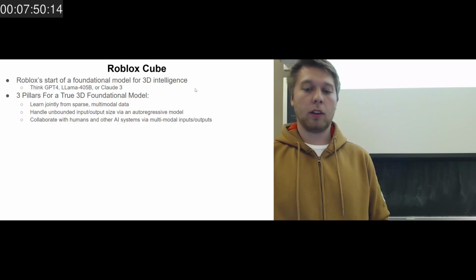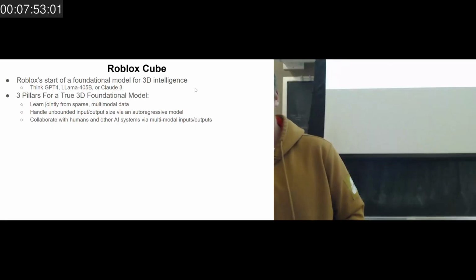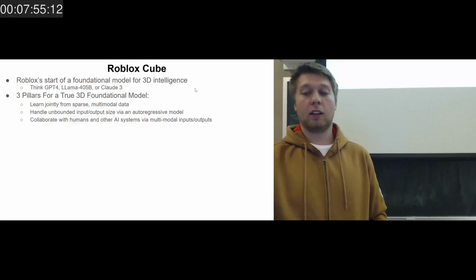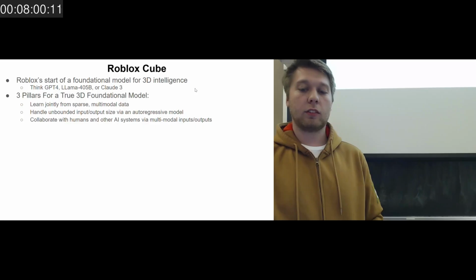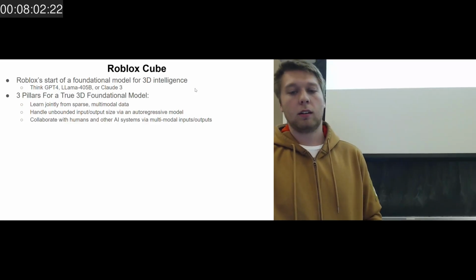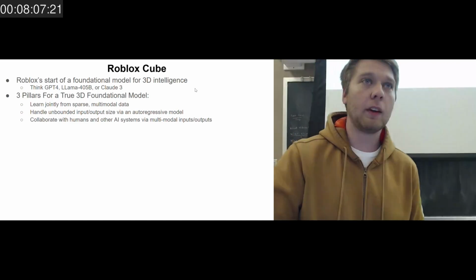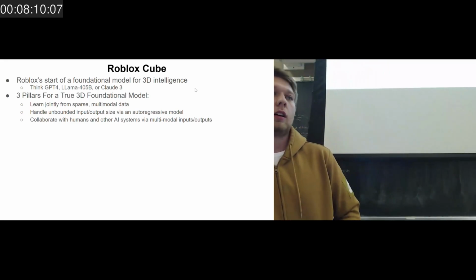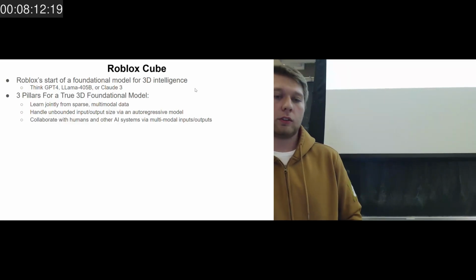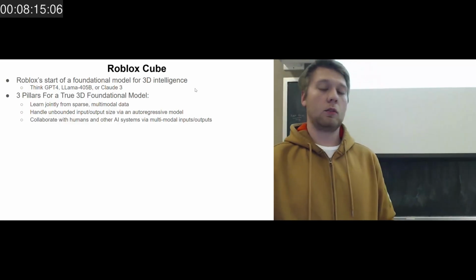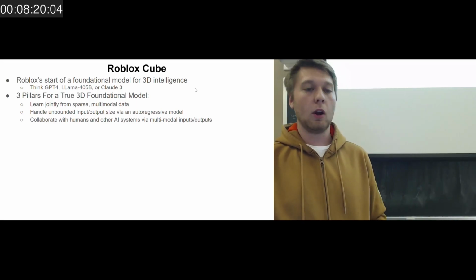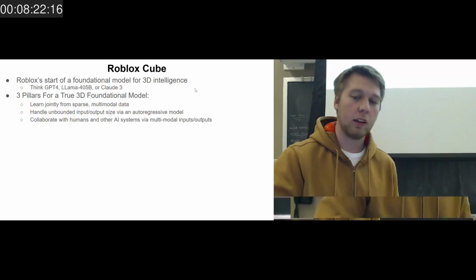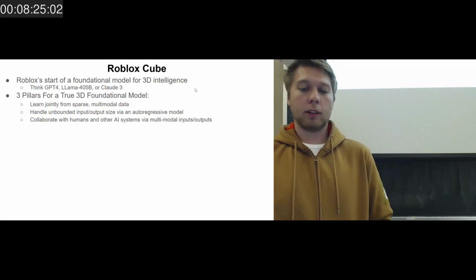So it has to be able to work with just regular meshes, which I talked about before, but also layouts of scenes, textures, rigging, program scripts, and then CSG, constructive solid geometry. Think of CSG as just using basic shapes, like spheres, cubes, and cones, to build a model. So it's obviously going to look kind of like Roblox, if anyone knows what Roblox looks like. Any of the games usually use CSG modeling.